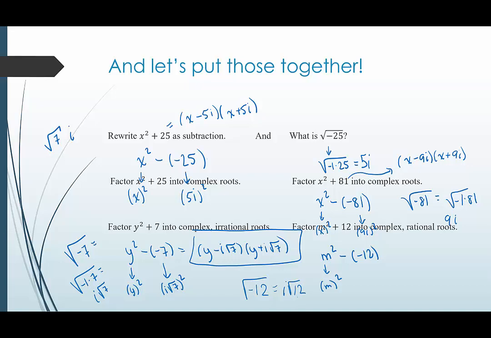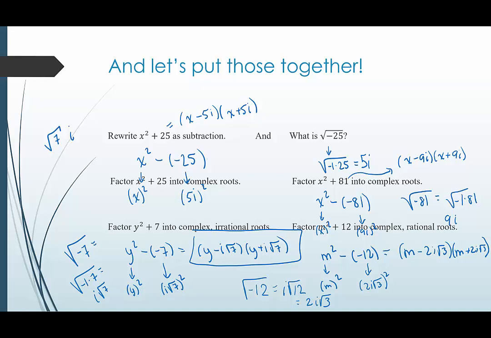So I would take the square root of 4, which is 2. 2 will join the i out in front, and we're left with that radical 3. So we would say the square root of negative 12 would be 2i root 3 squared. And then this would become root minus root, am I going to be able to squeeze this in, times root plus root. Almost. And there we have it.